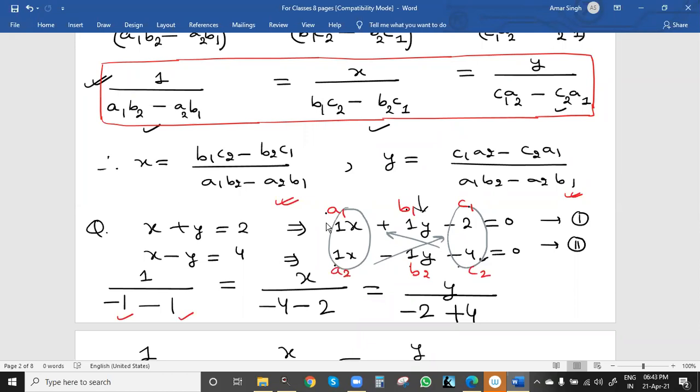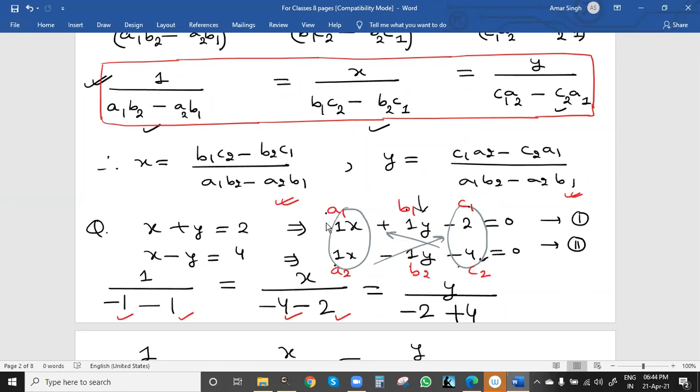Now x by B1, C2 minus B2, C1. B1 is 1, C2 is minus 4, so 1 into minus 4, minus 4. Minus will put first. B2, C1 will be minus 1 into minus 2, so basically 2. Minus 2. Now y value. So y will be C1, A2 minus C2, A1. C1 is minus 2 into A2, 1, so minus 2. Then minus sign will put first.